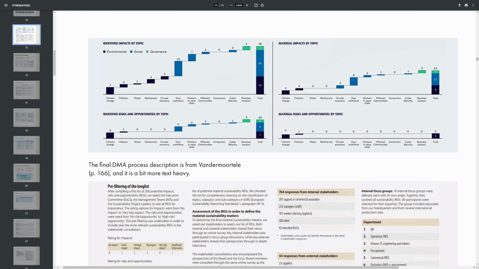And then once those impacts and risks and opportunities went through the materiality process, only a certain number of them were found to be material. And all of that is visible in this chart. This really is a visualization of the materiality process. How many things did we identify? And then after we'd gone through the materiality process, how many things were we left with which were material?